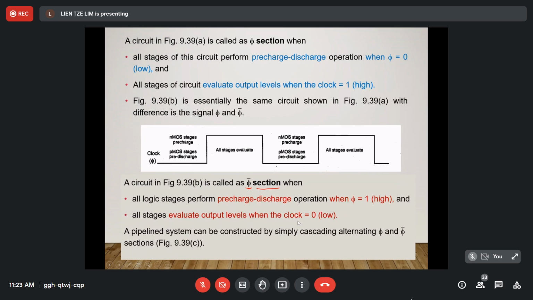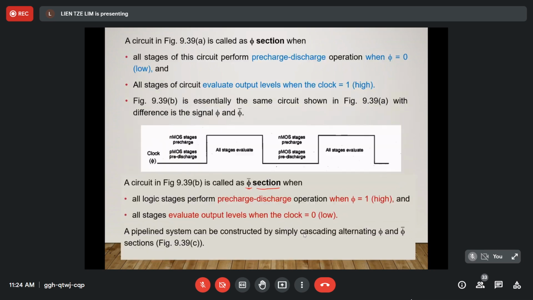So when the clock signals to the different logic blocks change, the pre-charge and discharge processes and also the evaluation phases will be different. So a pipeline system can be constructed by simply cascading, alternating the phi and the phi-bar sections, meaning the inverted clock signal sections.